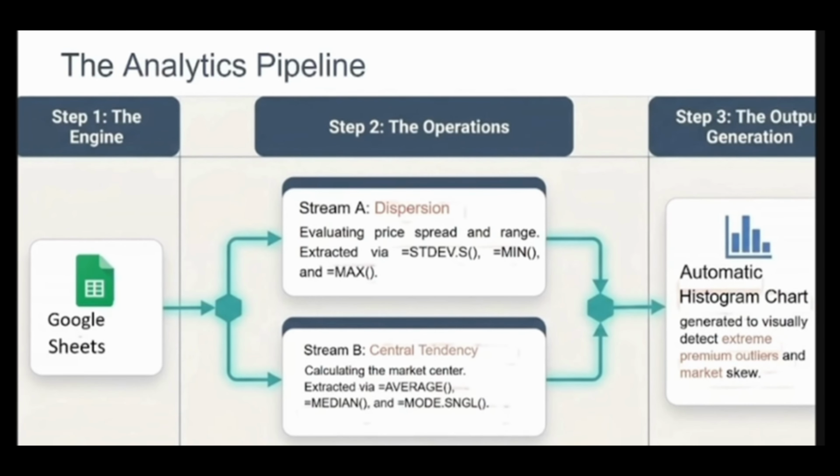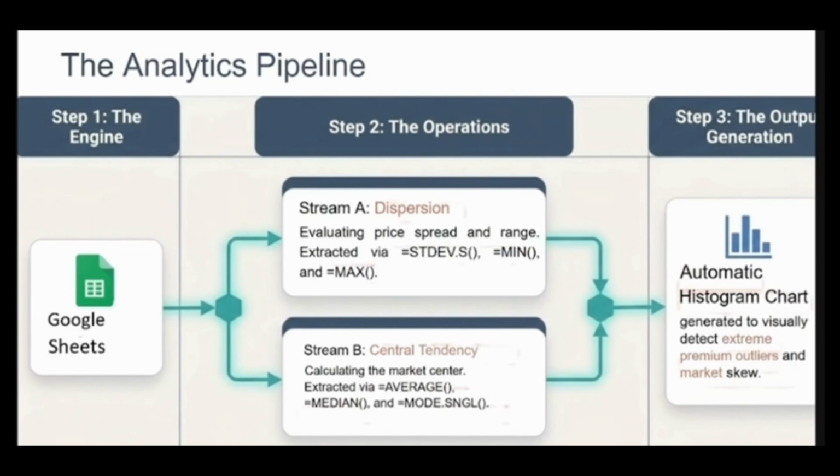Slide 2. So how did we process this data? We built a three-step analytic pipeline entirely within Google Sheets. Step 1 was establishing our data engine. Step 2 split our mathematical operations into two streams. Stream A calculated the price dispersion using standard deviation, minimum and maximum formulas.